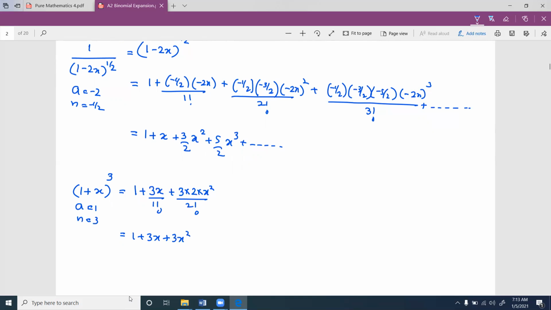Then let's go to the next one. n minus 1, n minus 2, x to the power 3 over factorial 3. So if you do this again, you get the answer x to the power 3, right? Just simplify and see. Then n minus 1, n minus 2, n minus 3 is how much? 0, x to the power 4 over factorial 4, right?